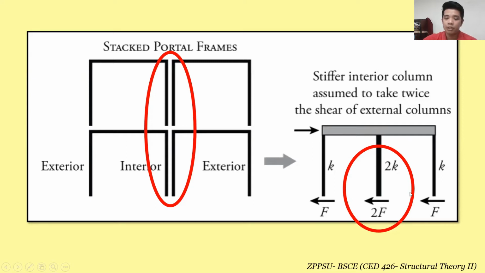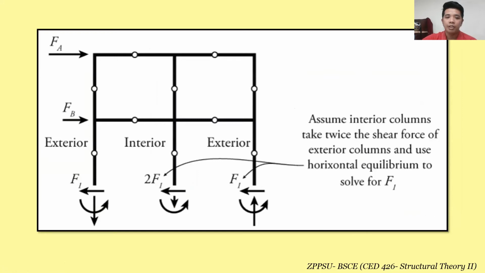Pag meron pa dito, that's part of interior columns. So most likely, mostly ng exterior columns, dalawa lang yan each floor. So exterior columns are those columns na nasa dulo.